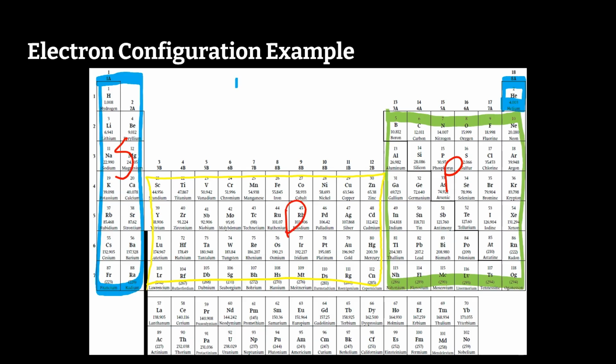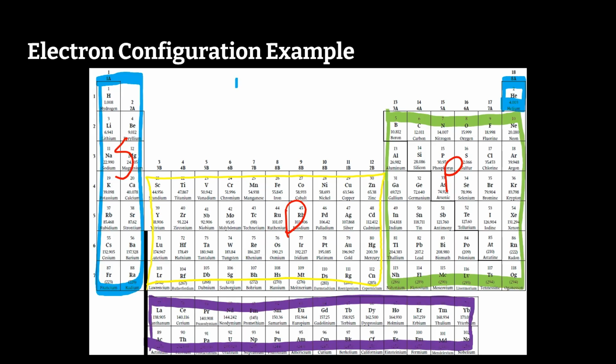And then the last block that we have is this block down here at the bottom, which is going to be known as the f block. So these are the different orbitals that we have within the periodic table. So we have s, p, d, and then f.